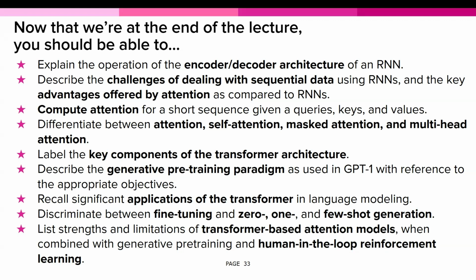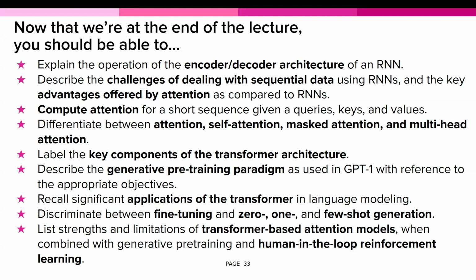And we talked about the advantages of attention as compared to RNNs. We also went over a few examples of attention functions, so we should be able to compute that for a short sequence given the queries, keys, and values.